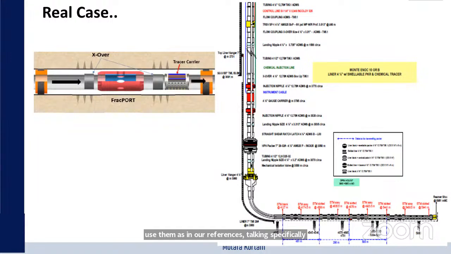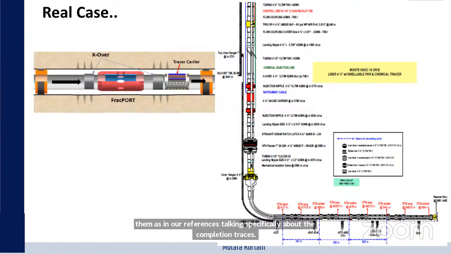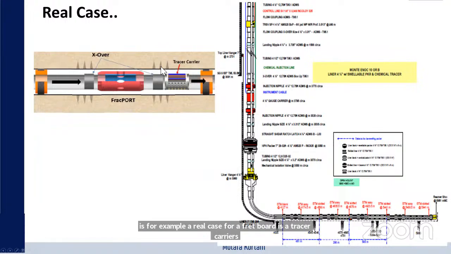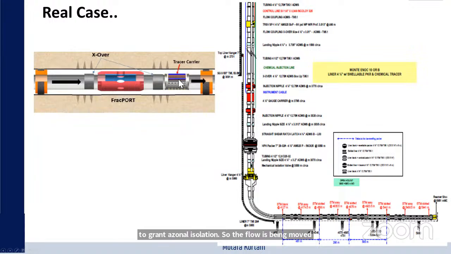This is, for example, a real case for a frac port where you put the tracer carriers, and then we have packers to grant zonal isolation. So the flow moves from the perforation into the frac port and moves upward here. When it moves, it will pass through the tracer carrier.